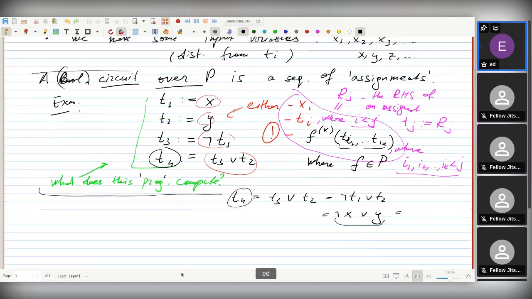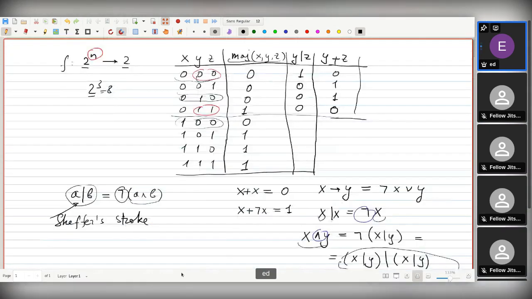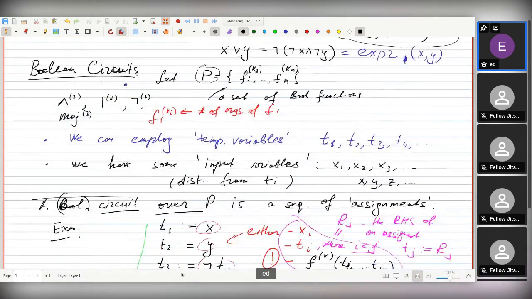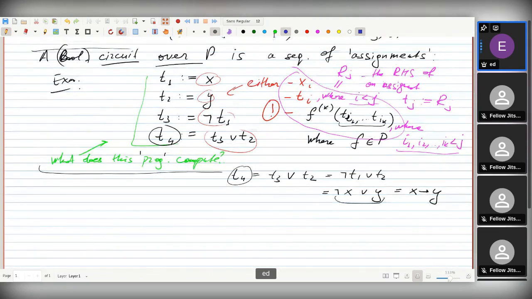Okay. Not X or Y. I will continue, but if you do not want to partake, it is almost useless. So it is X to Y, it is an implication. So every line of this circuit. So what is a Boolean circuit?